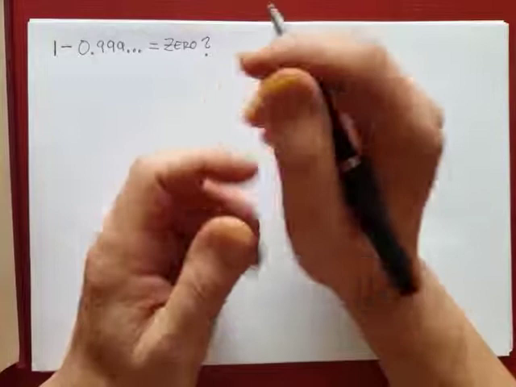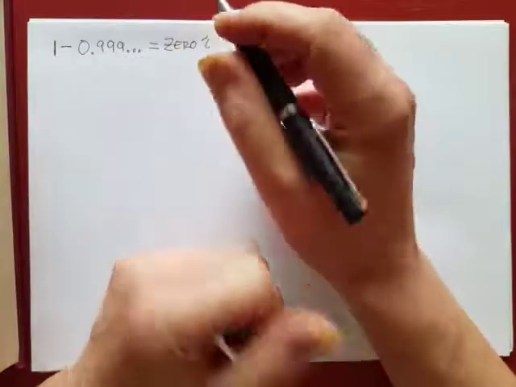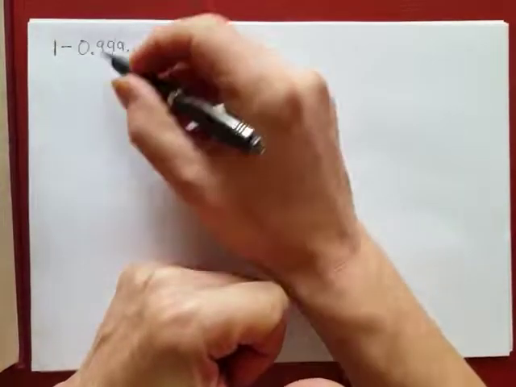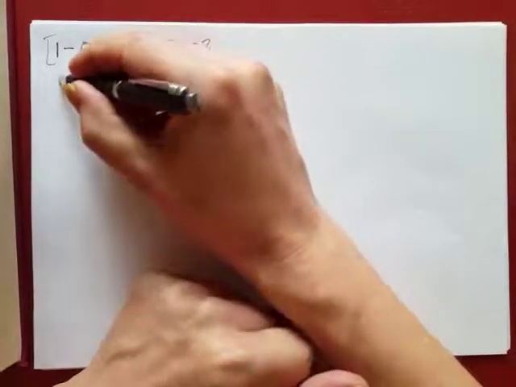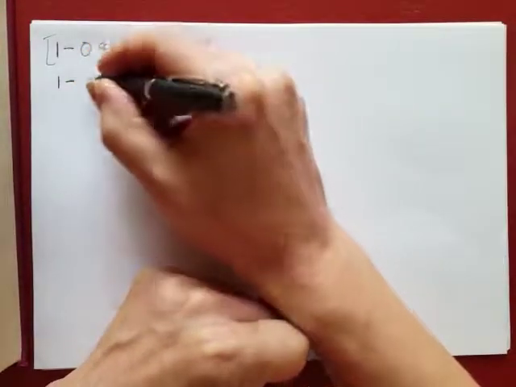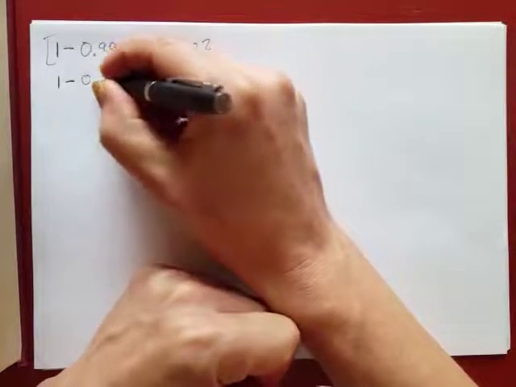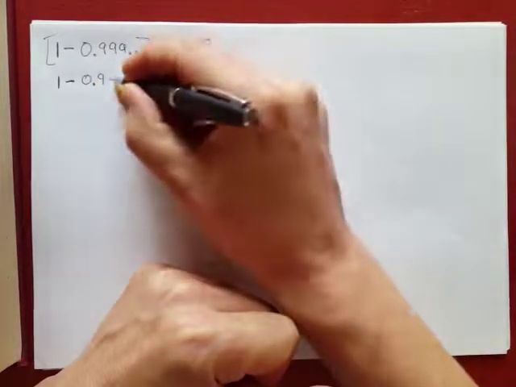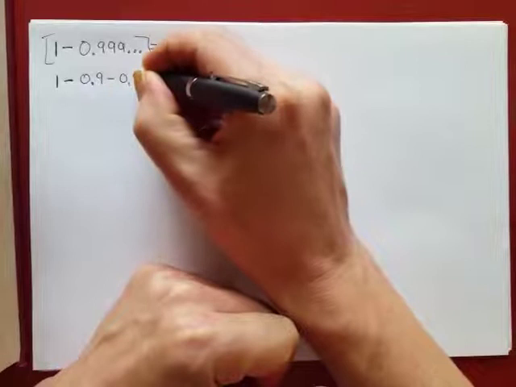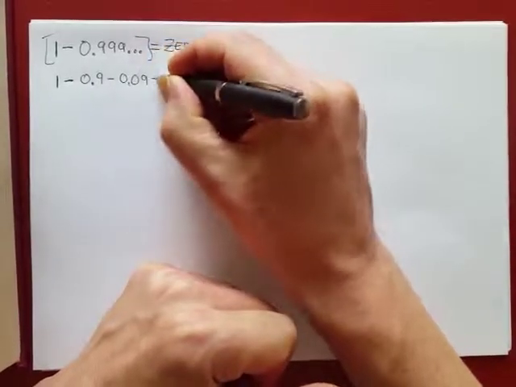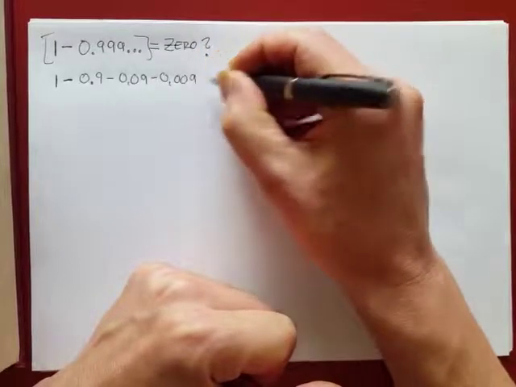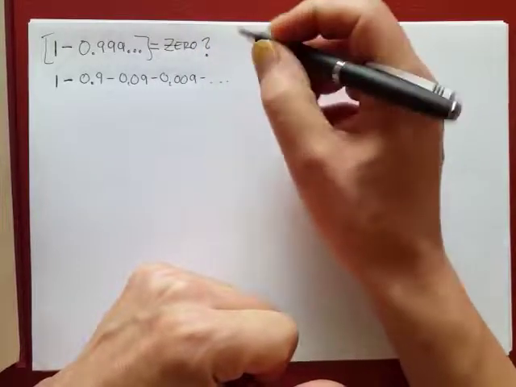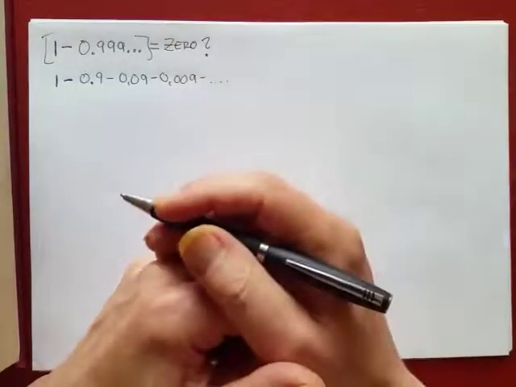And to get an intuitive idea about it, we could think about this as being 1 minus 0.9 minus 0.09 minus 0.009 minus and so on in infinite.